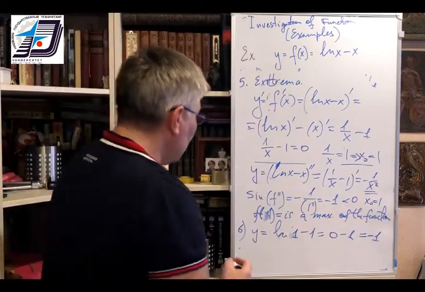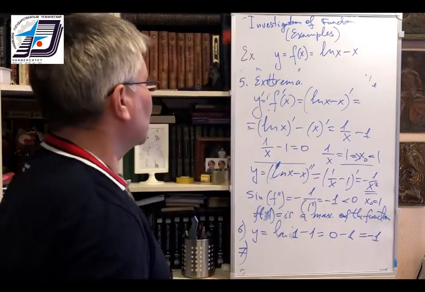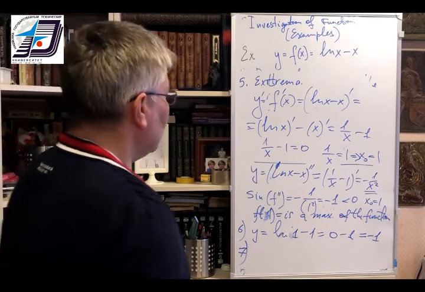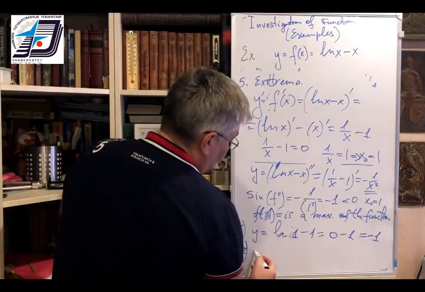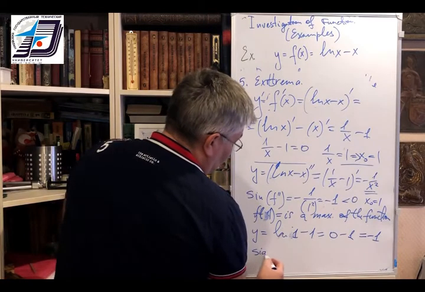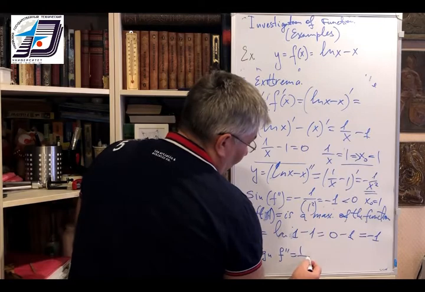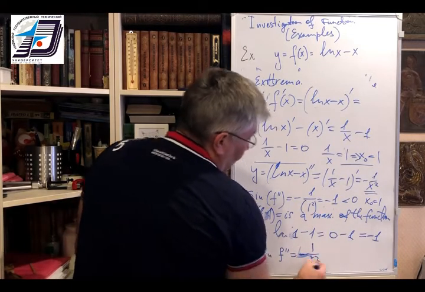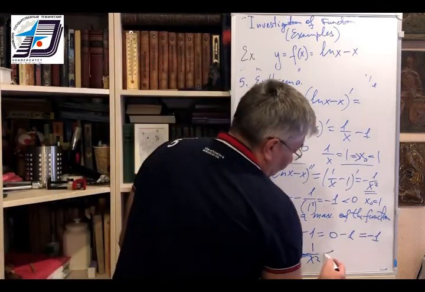And the last step here: we can define if it is a concave or convex function. To define that, we have to determine the sign of the second derivative, which is minus 1 over x squared. It is always negative.